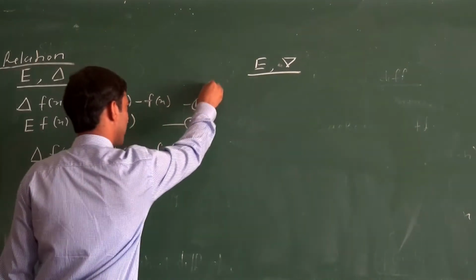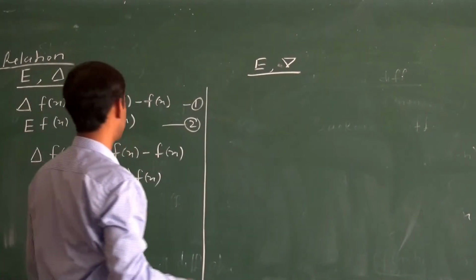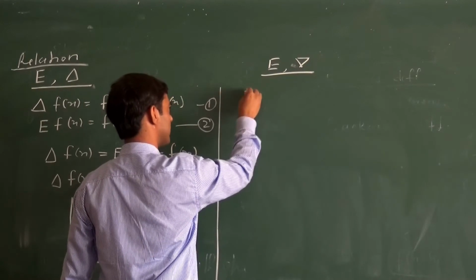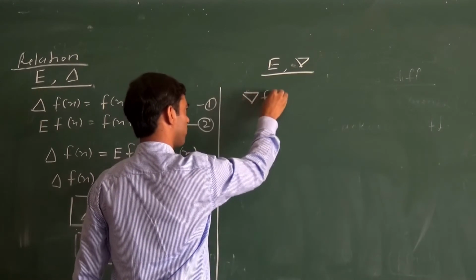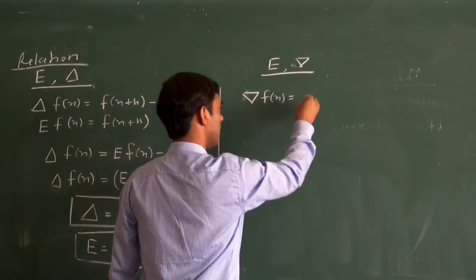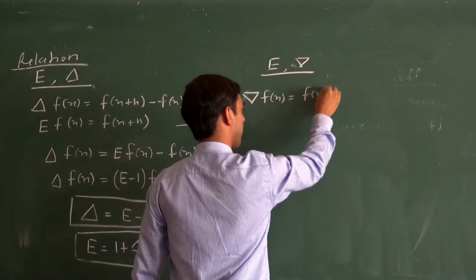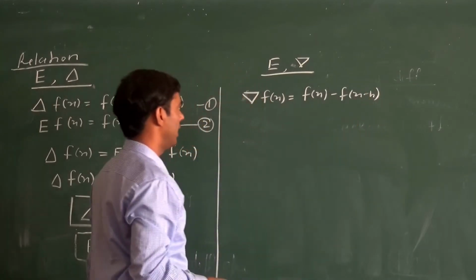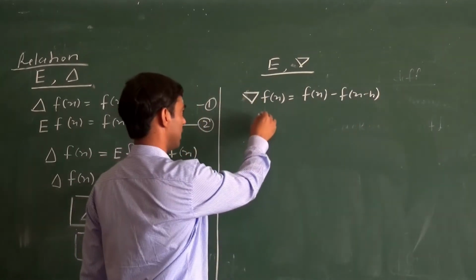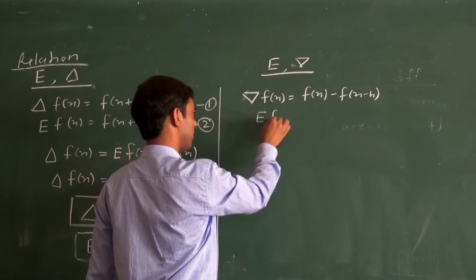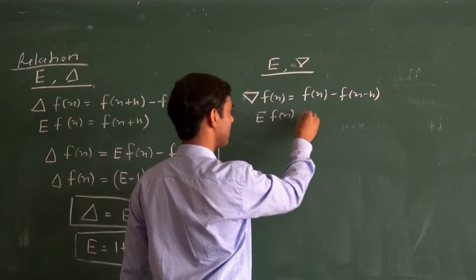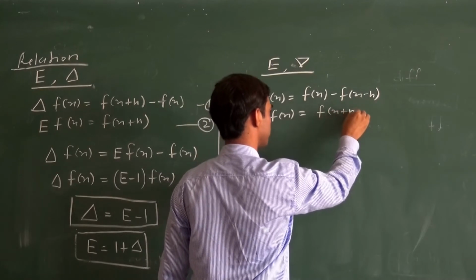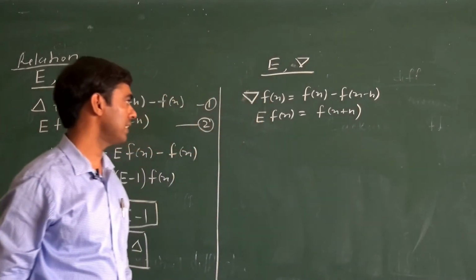So in a similar manner, the backward difference operator ∇f(x) = f(x) − f(x−h), and also E f(x) is f(x+h).